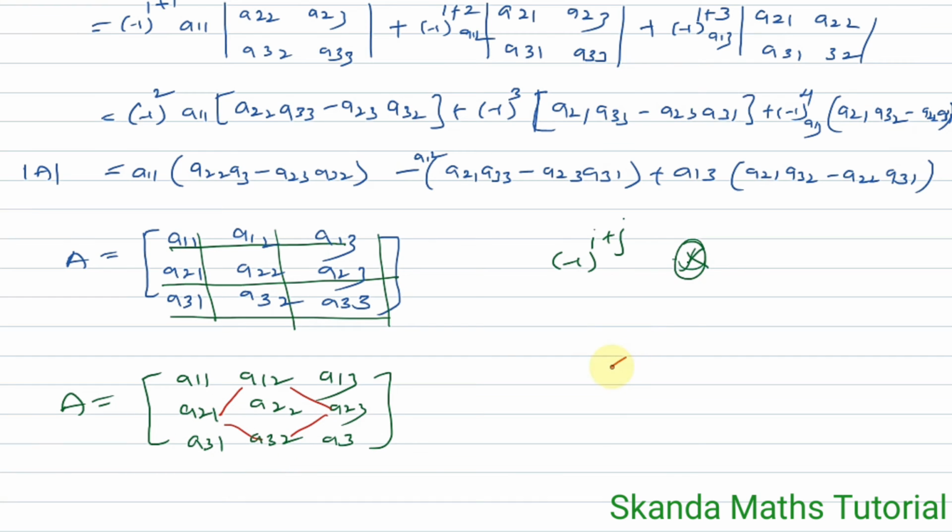So these elements have negative sign. Rather than finding minus 1 whole power i plus j, it is better to remember these elements have negative sign. Based on this we can solve a problem.